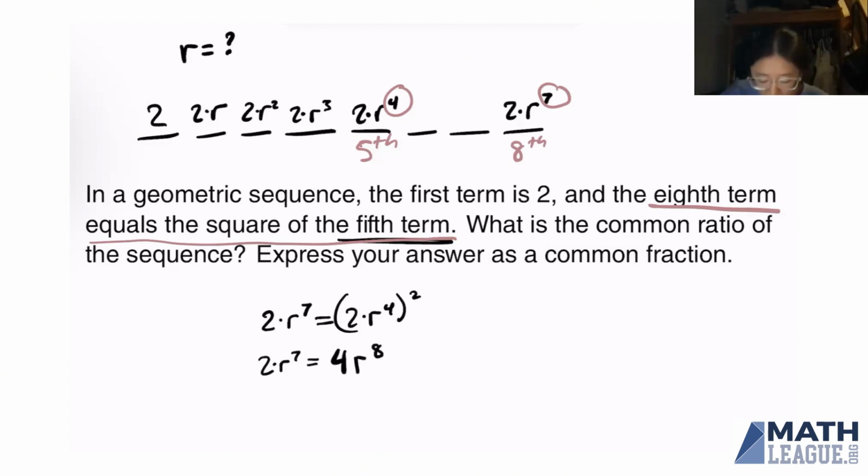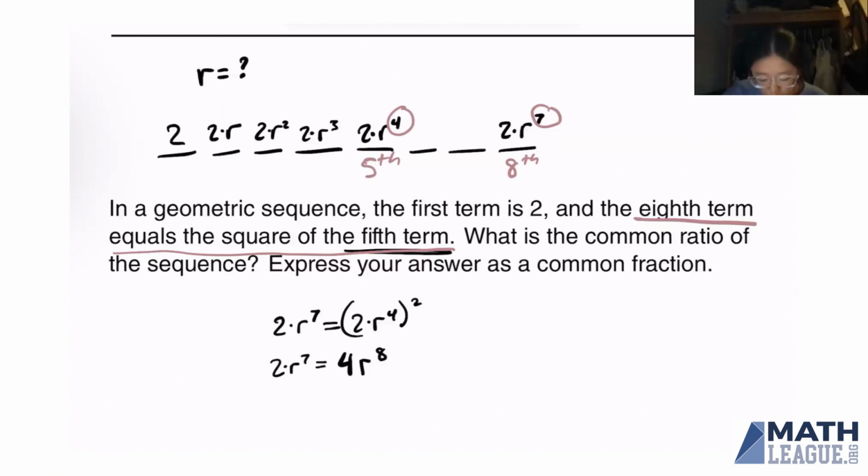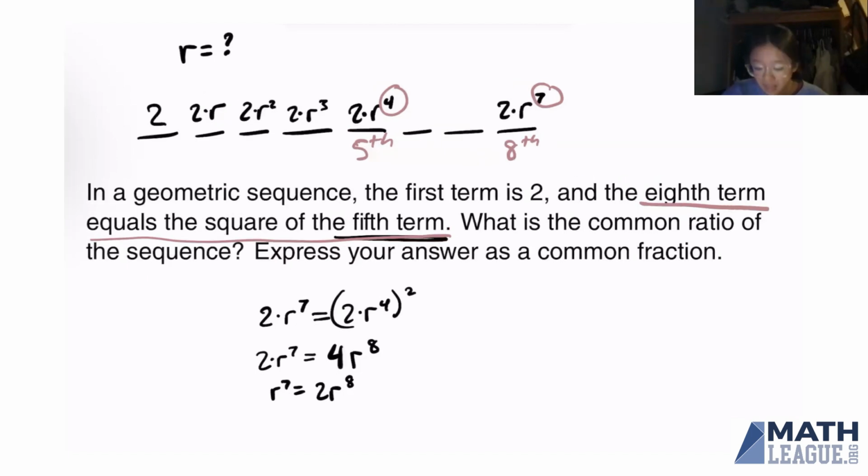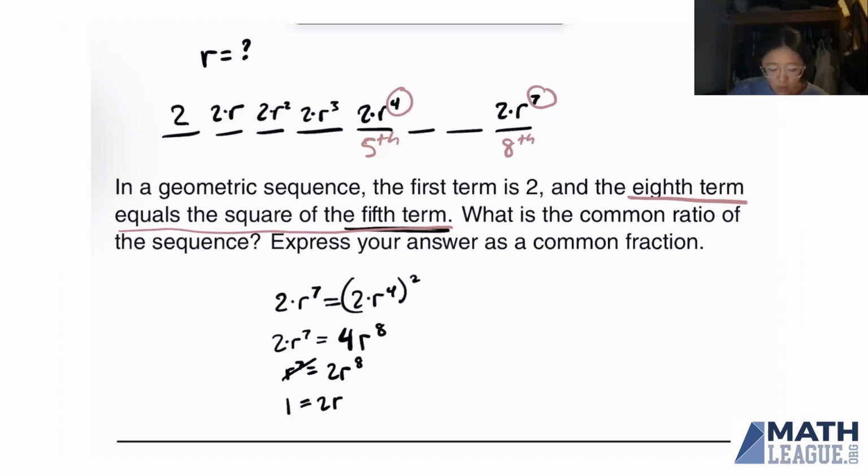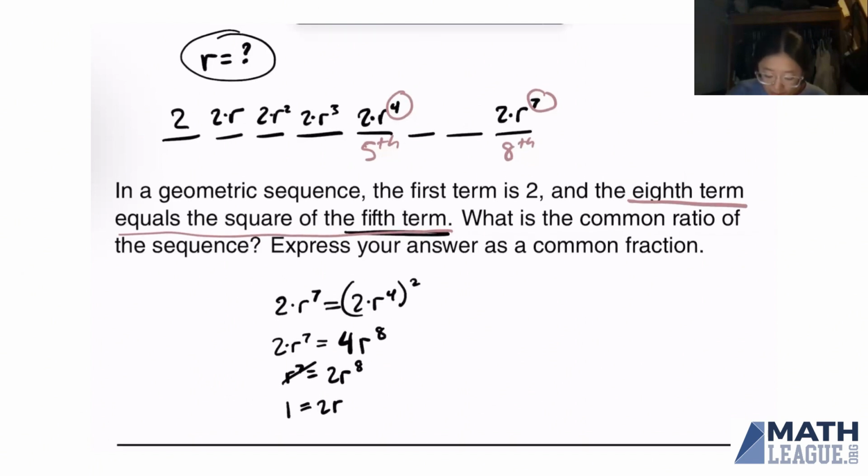If I divide both sides by 2, I get r to the 7th equals 2r to the 8th. Then divide both sides by r to the 7th, and I get 1 equals 2r. Because I want to find r, I divide both sides by 2, and I get r equals 1/2. So that is my answer.